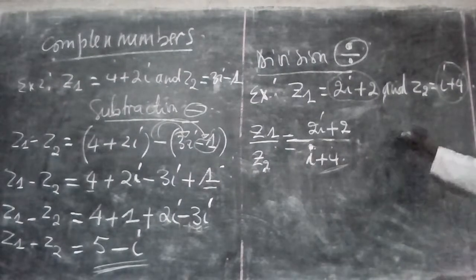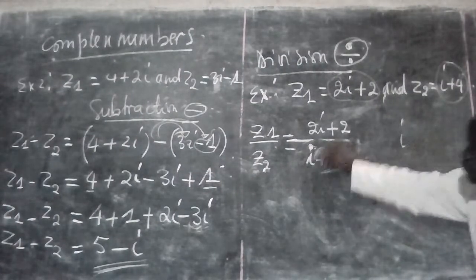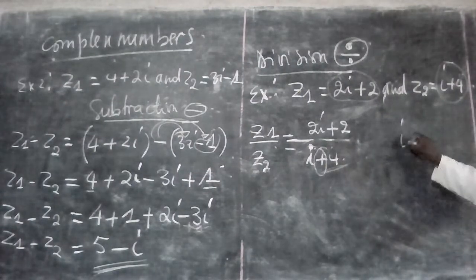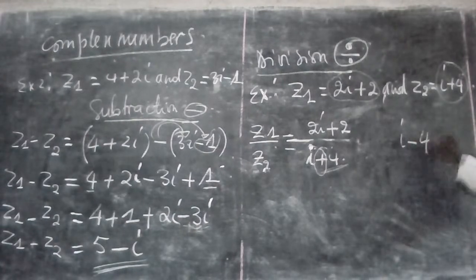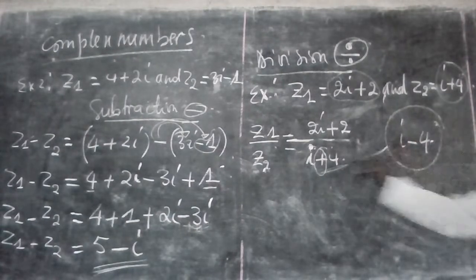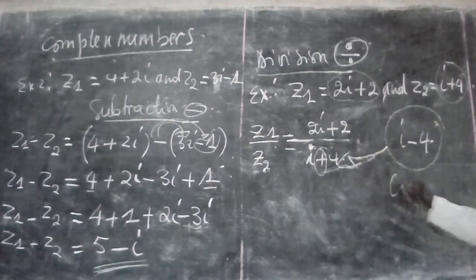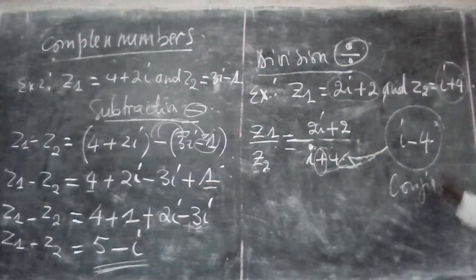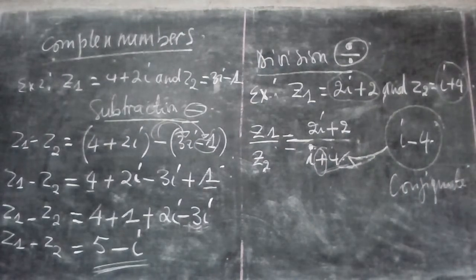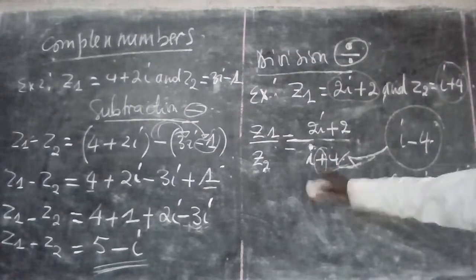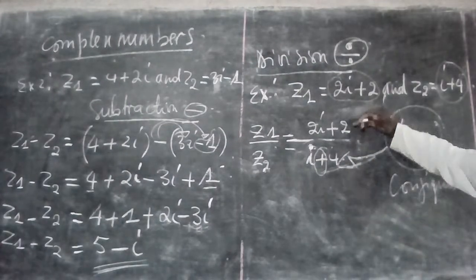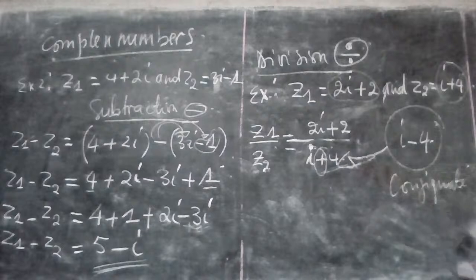You take i, and instead of writing plus, you write minus 4. This is the conjugate of this number. You take the conjugate of this number and multiply it here and here below.